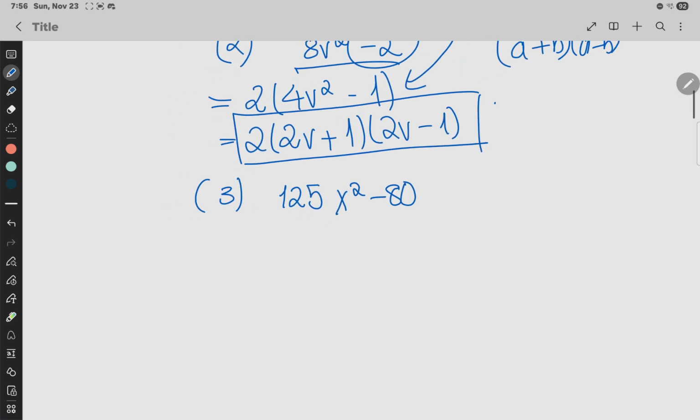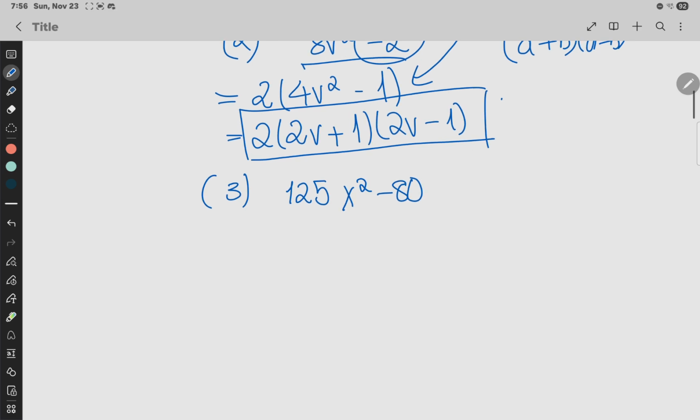Okay, let's do the last question. So we have this. Again, it resembles the difference of squares, but it's not yet in that form. So what can we do to make it a difference of squares? We can factor, okay? So we will factor out 5.